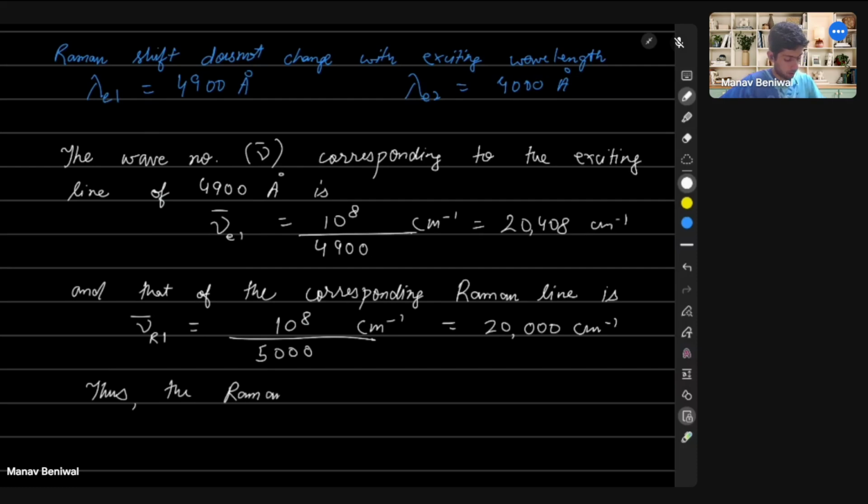Thus the Raman shift is 20408 minus 20000, and this is simply 408 per centimeter.